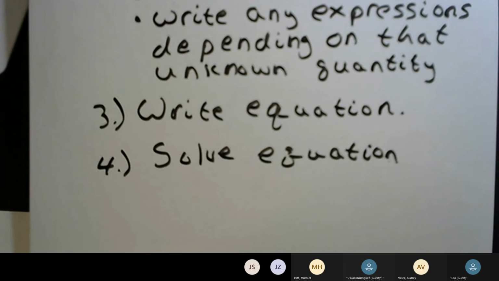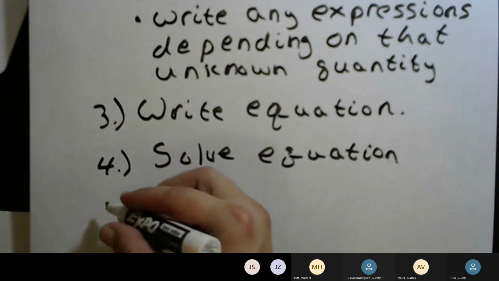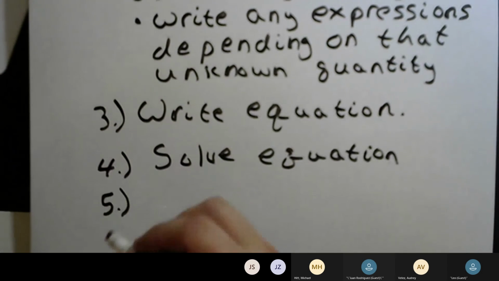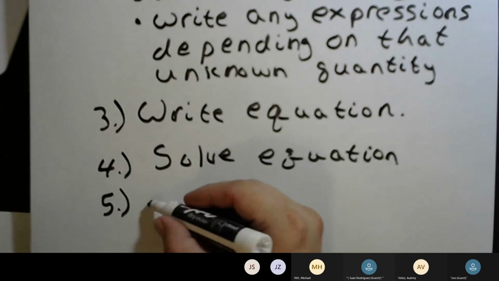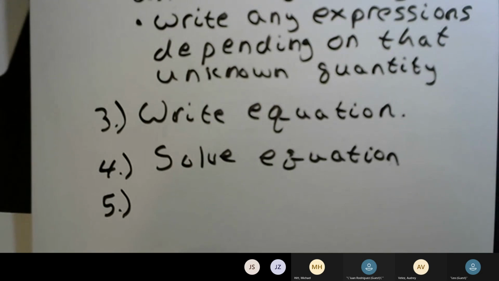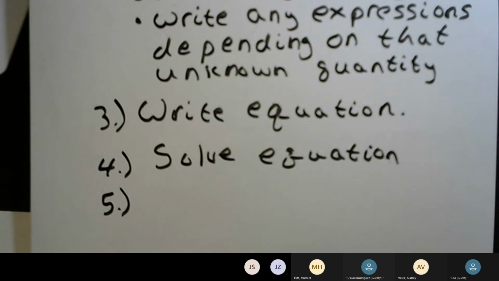Now 5 and 6. So 5, in a way, it's kind of reflecting on your answer. You see different ways of doing this, like put it in your own words. Sometimes write a sentence using the question with the answer that you got.